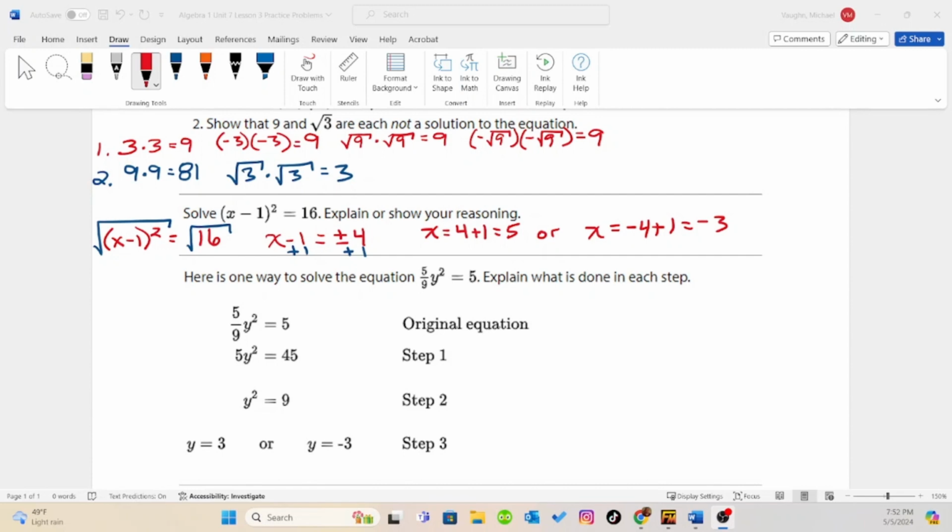And to go from the original equation to the new equation of 5y squared equals 45, they have multiplied both sides by 9. This has allowed the 9's to cancel out and the 5 to become 45.